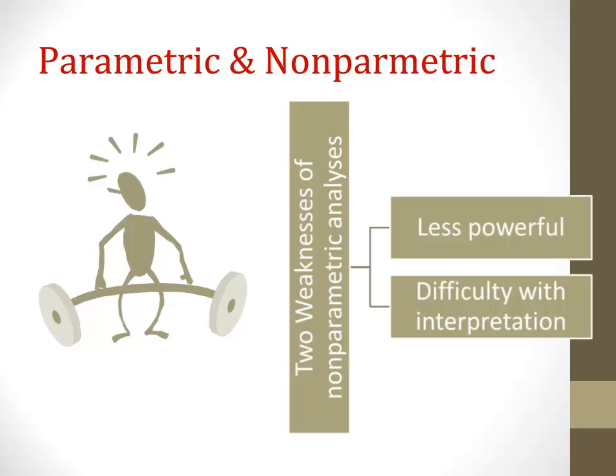This is especially true when the data is not approximately normal. And less power means that there is a smaller probability that the procedure will tell us that the variables under study are associated or different. There's less of a chance that we'll find statistical significance.